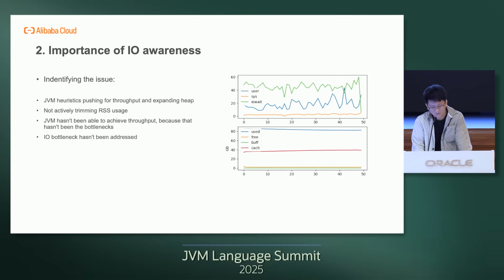In this case, if it's taking up all of the memory in the instance, then there's no space left for the cache to increase. On the other hand, the JVM is not actively trimming the heap usage by default. So that's why even though we have really high I/O wait time, the cache doesn't increase. And by doing this, the JVM hasn't been able to achieve throughput, because that hasn't been the bottleneck, and the I/O bottleneck hasn't been addressed.